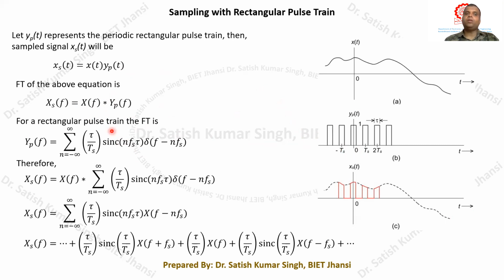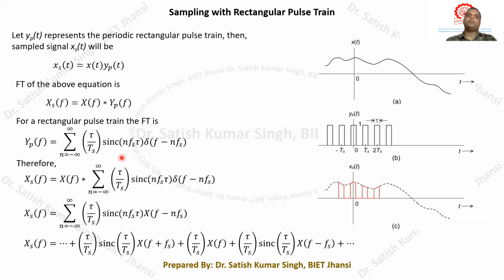So for a rectangular pulse train, the Fourier transform is given by this expression: Y(f) equals the sum from n equals minus infinity to infinity of tau upon Ts. You remember what is tau? Tau is the width of the pulse. And what is this Ts? Ts is the sampling interval. So tau upon Ts, times a sinc function, sinc(n fs tau). What is fs? fs is equal to 1 upon Ts, which is the sampling frequency.